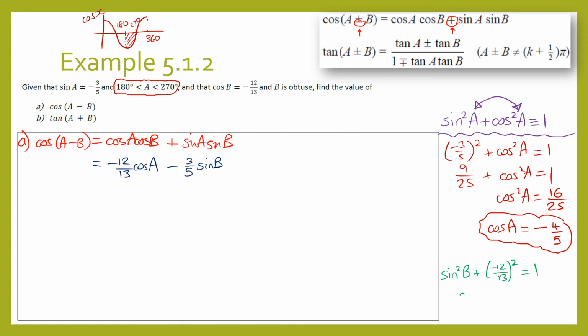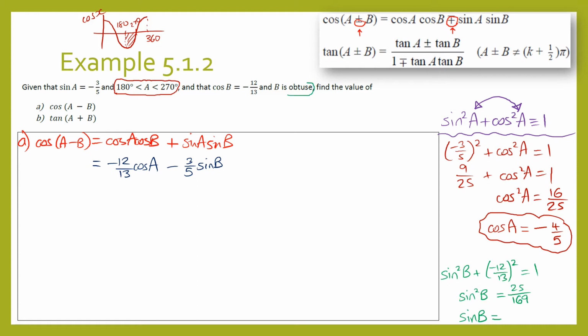And then rearranging this, the square of minus 12 over 13 is 144 over 169. When we rearrange this equation, we get sine squared B is 25 over 169. We're going to have to square root both sides to get sine B. Once again, we're square rooting. We need to stop and figure out: is it just plus or just minus, or could it be both?